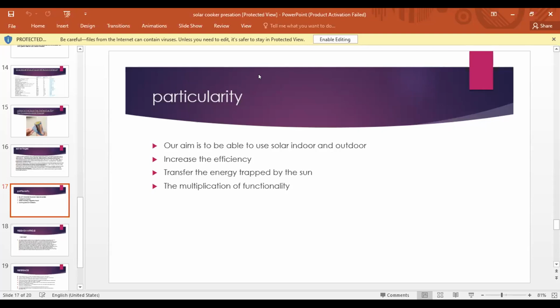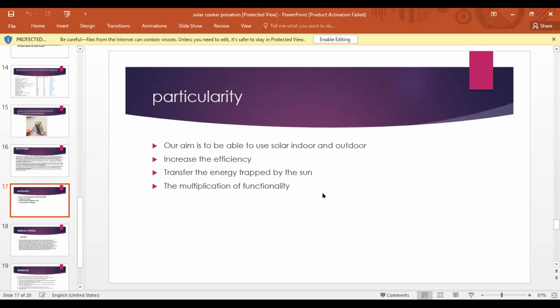That's what Castro said. We want to transfer this tapped solar energy in the form of optical fiber. We want to develop a pipe and coat the inside with reflective material which will be able to transmit the energy. Also, we want to work on efficiency, because most developed solar cookers do not cook food which is hard or takes a long time.